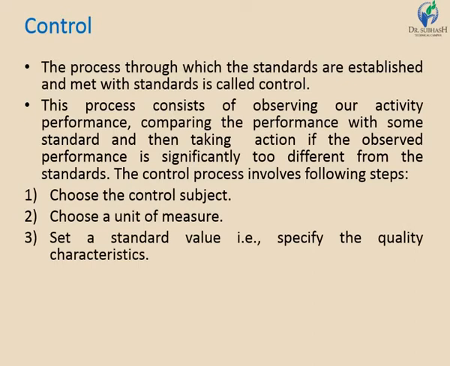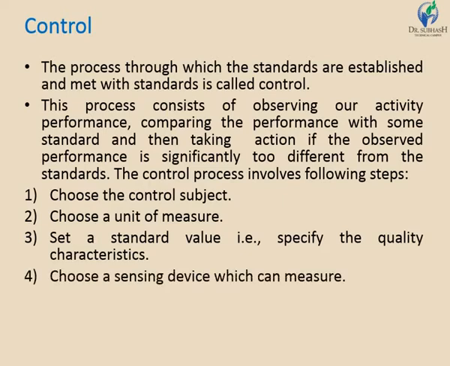Set a standard value and specify the quality characteristics. In terms of dimension, even a minute mm you do not want to be lesser. Choose a sensing device which can measure those things and give the feedback.